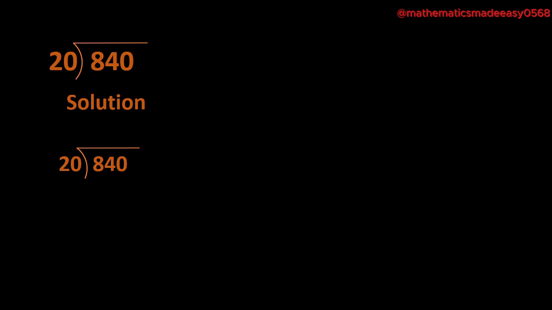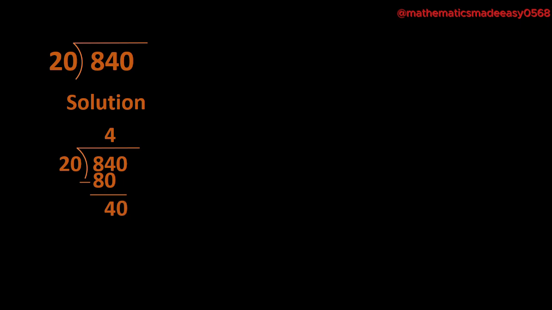So how many 20 can we find in 84? That is 2. We write our 2 still on top of 4 and not on top of 8. So 4 times 20 is going to give us 80. Then we subtract to have 4. Now we have gotten 4, we have to write down our 0.